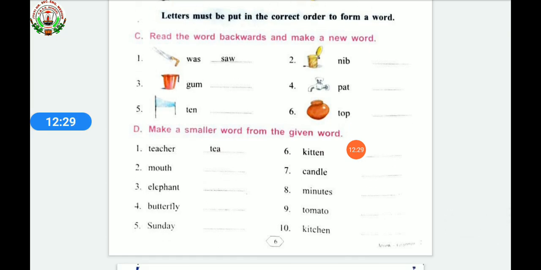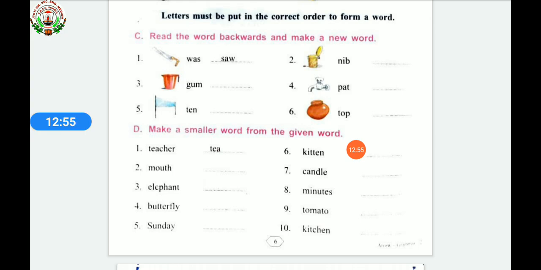Number 4, butterfly. BUTTER, butter, FLY, fly. So in this word you can make two smaller words. First one is butter, and the second one is fly. So we can find two smaller words from this word butterfly.